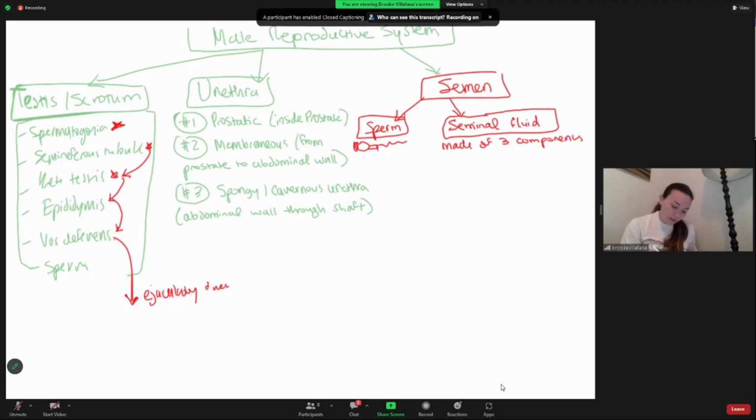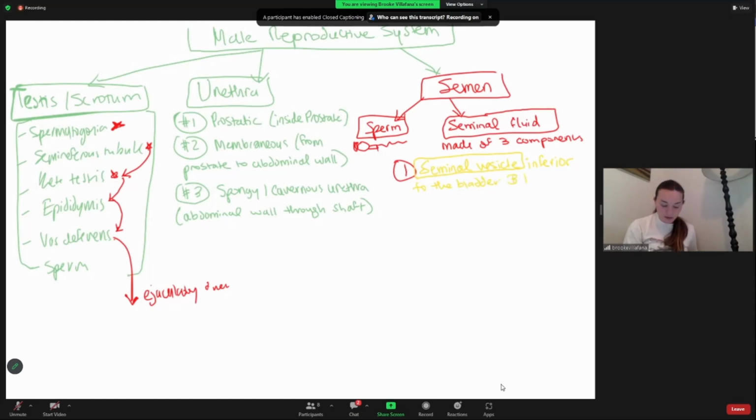Seminal fluid comes from the seminal vesicle. Seminal vesicle, that's component 1. Seminal vesicle is located inferior to the bladder. I always write this because this is the stuff that can be on the test.